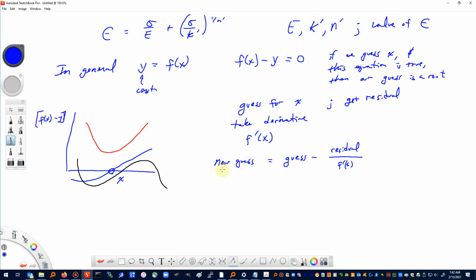Well, then what do we do with the new guess? We go back and plug it back in, and we keep iterating on this until we get our residual, you might say, equal to 0, but really it can be very hard to get it exactly equal to 0.